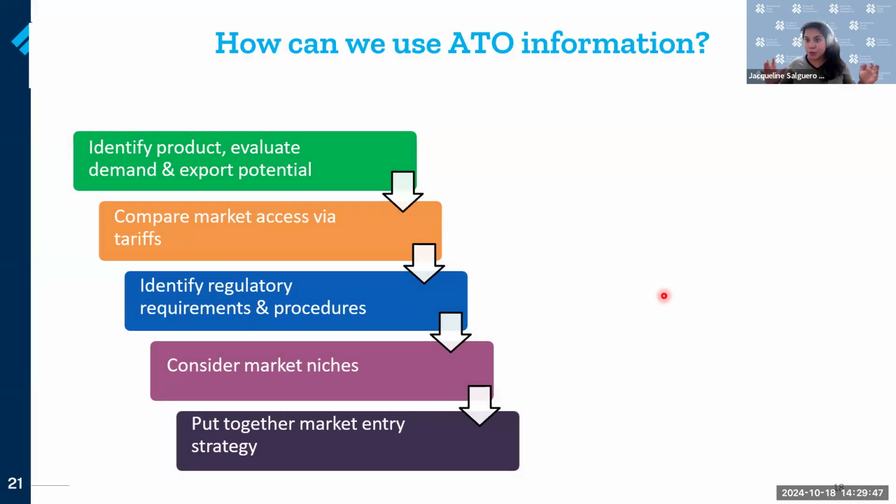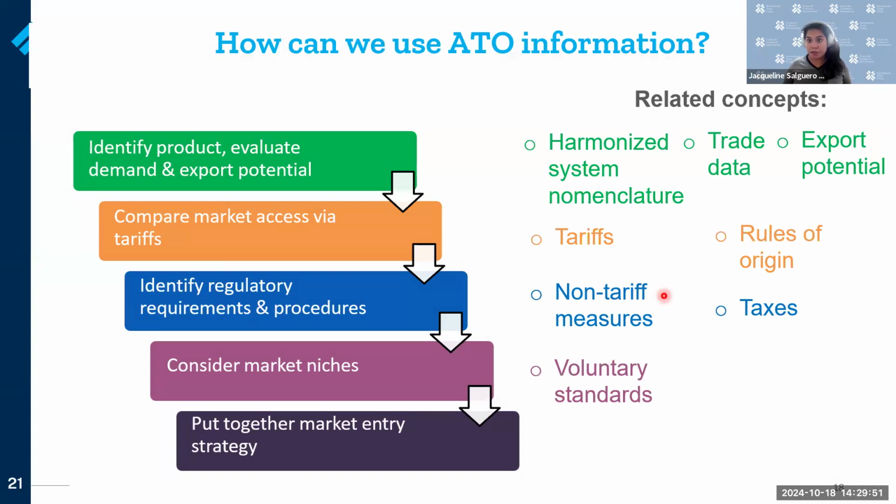Of course, to go through these different steps, there are different concepts that apply in trade, and within the platform we will see all of them: the harmonized system, trade data, export potential, tariffs, rules of origin, non-tariff measures, taxes, and voluntary standards. In all these steps, you will see these concepts being applied, from the green box that we see here till the purple one, where you will decide whether this is a good opportunity or not for you.